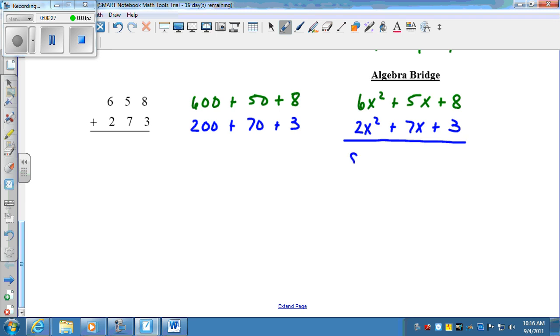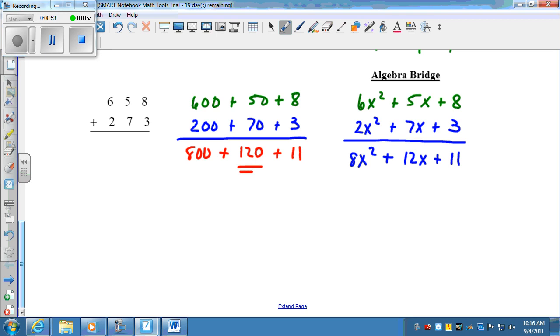Adding, I get 8x squared. 5x plus 7x is 12x. 8 plus 3 is 11. You are complete at this point in algebra. If I was adding its parts, I would get 800 plus 120 plus 11. Do you see the correspondence?